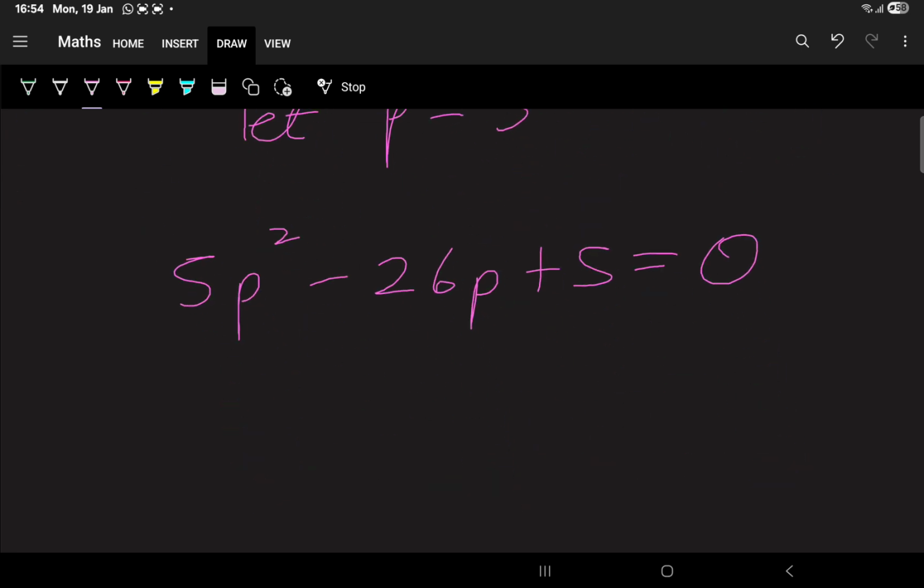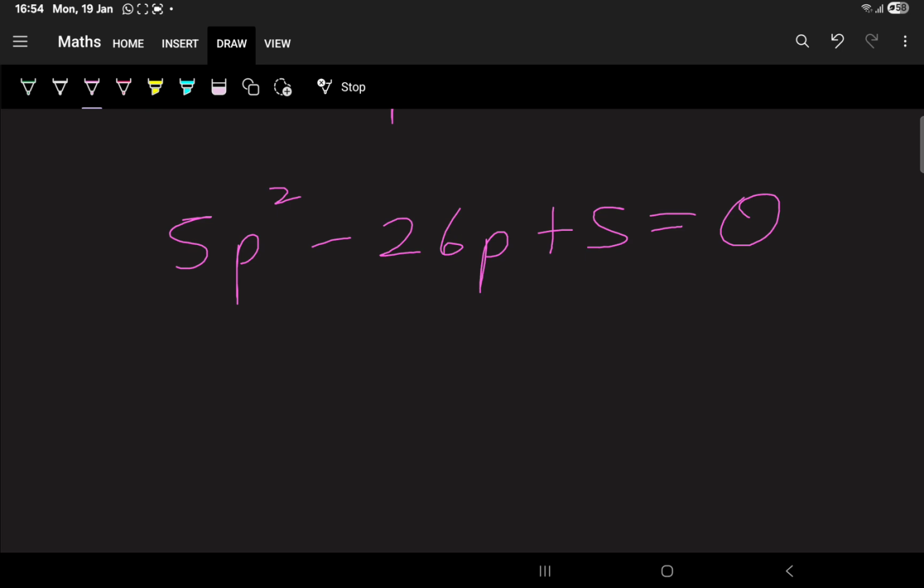Now I'm going to check, is this factorizable? Then I can use the factorization method of solving a quadratic equation. If it isn't, I'll use the quadratic formula. Now this is factorizable, so what I'm going to do here is factorize this.